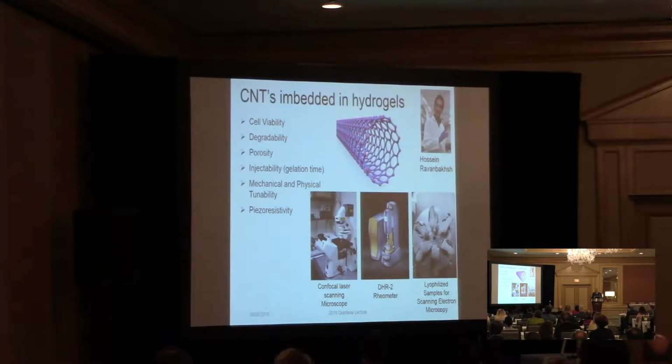In our lab, we're testing the cell viability, so we're putting vocal fold fibroblasts inside solutions of carbon nanotubes to see how the cells react. And we also characterize the influence of the carbon nanotube inside the material on its degradability, its porosity, and how difficult it is to inject, essentially the gelation time of the material, as well as its piezoresistivity.